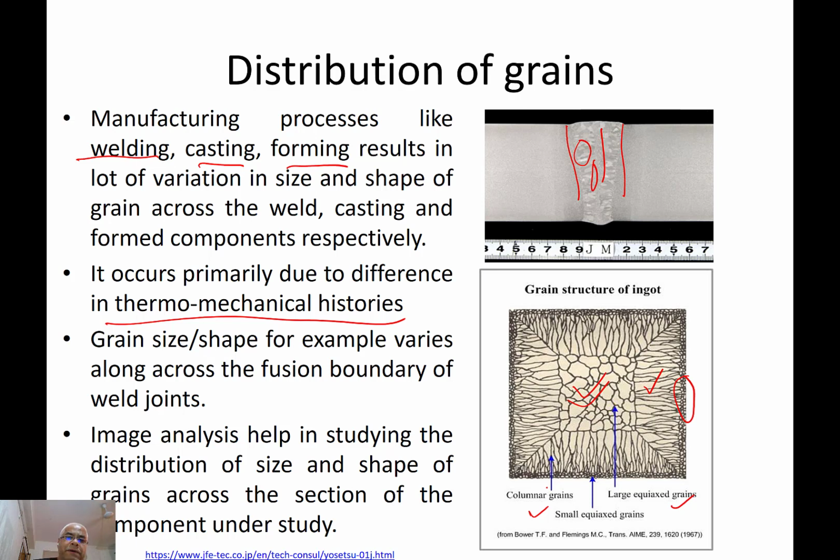And so image analysis helps in studying the shape of the grains very effectively.